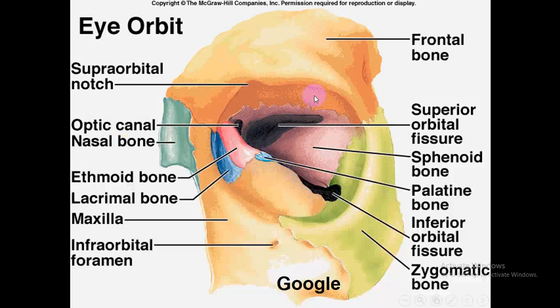Now the orbit is a pyramid shaped space with its base directed anteriorly and the apex directed posteriorly. It has four walls: superior, inferior, lateral and medial wall, and it is formed by 7 bones.